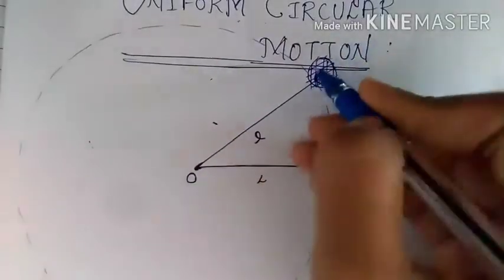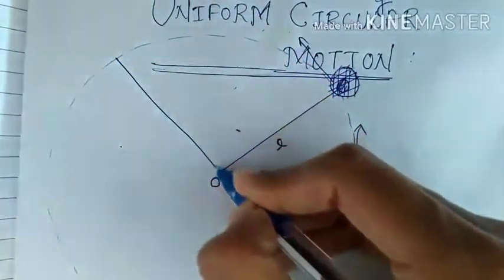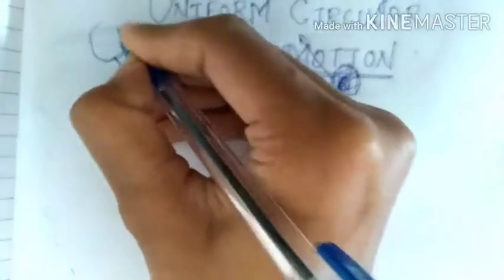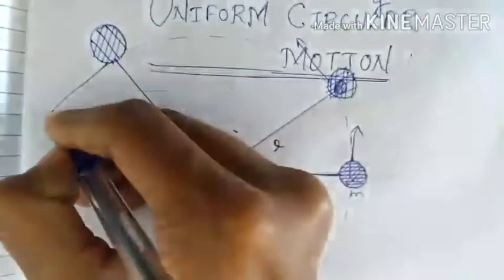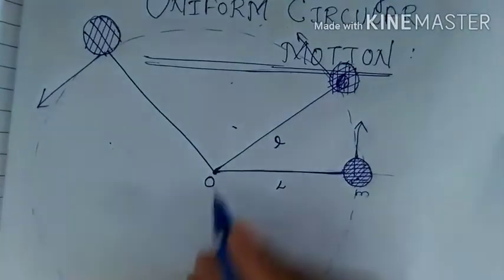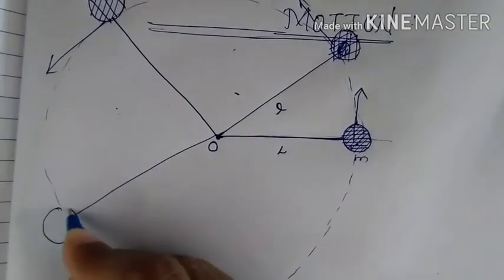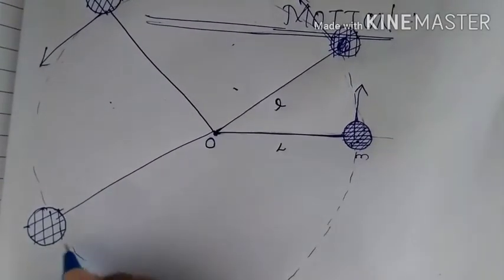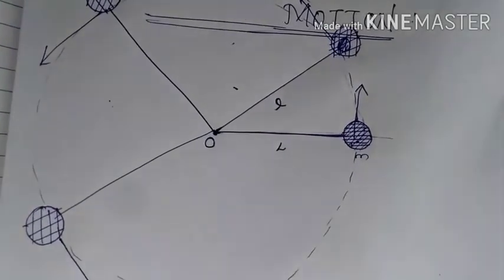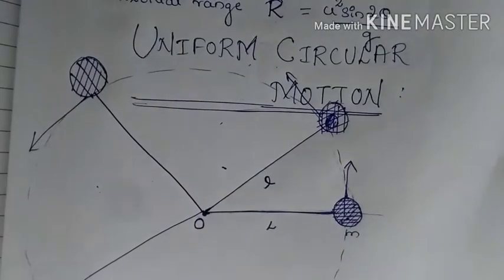At this point it has a direction like this, and at this point this ball has a direction like this. So you can measure the direction at every point of the circular motion. This is what circular motion is.